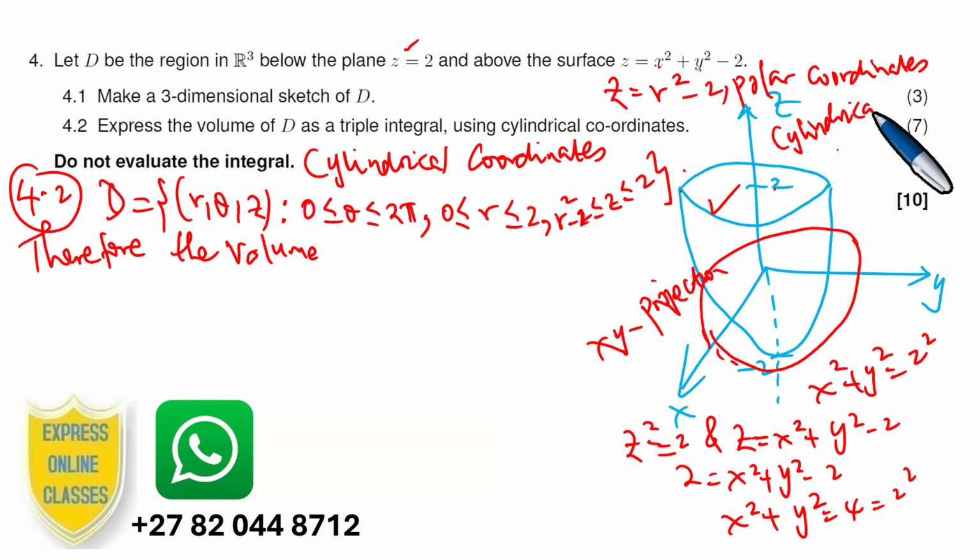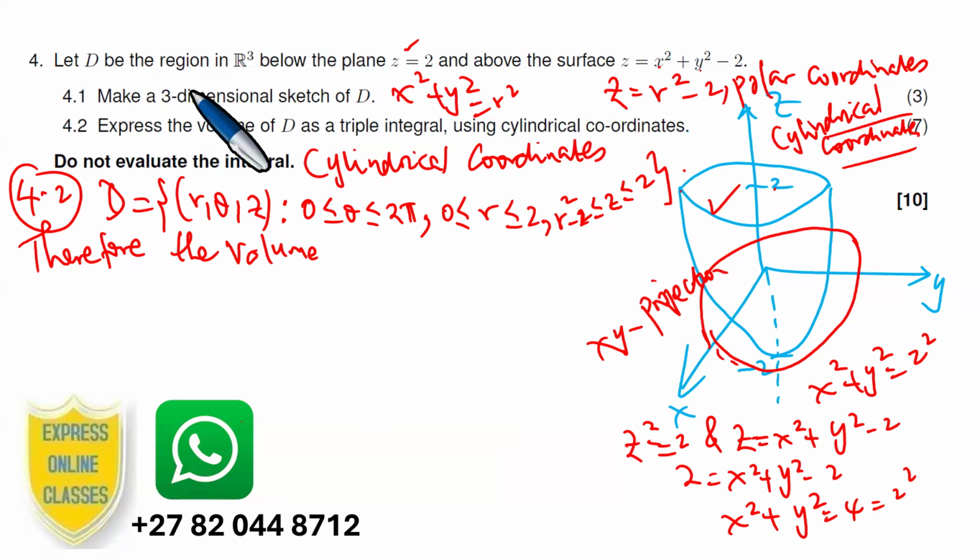I don't understand how z becomes r squared minus 2. Yes. Because what is x squared plus y squared? It's equal to r squared. So wherever there is x squared plus y squared at any random point, x squared plus y squared is equal to r squared when you're doing cylindrical coordinates. So now with these, what is z equal to?